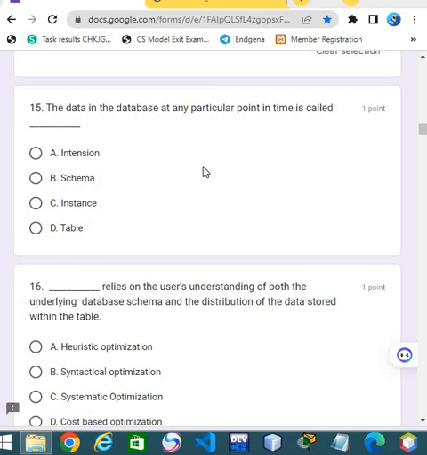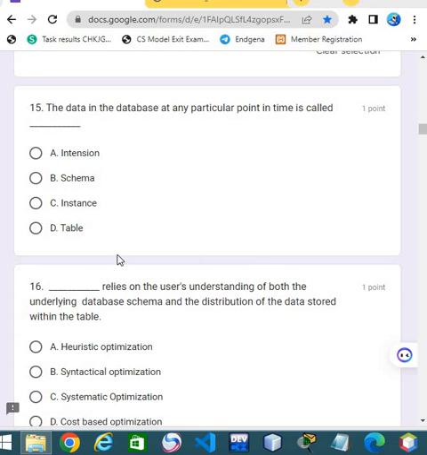A schema defines the structural, organizational, and constructs of the data store in the database.